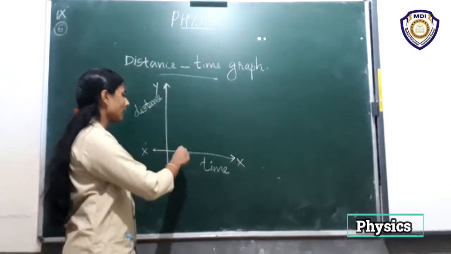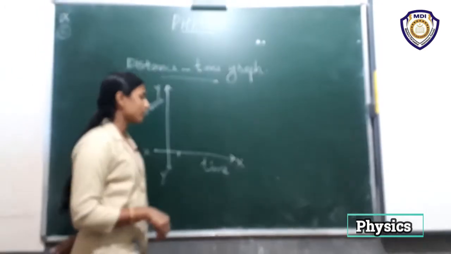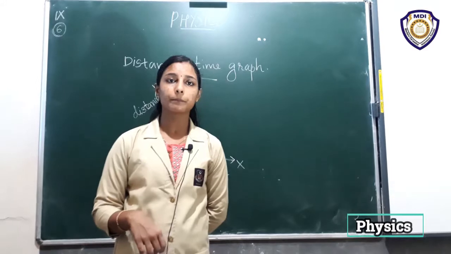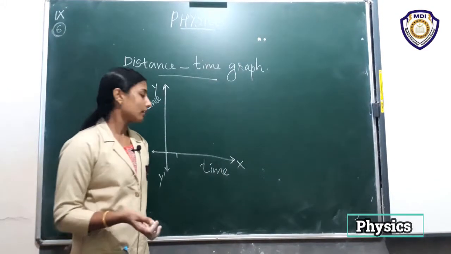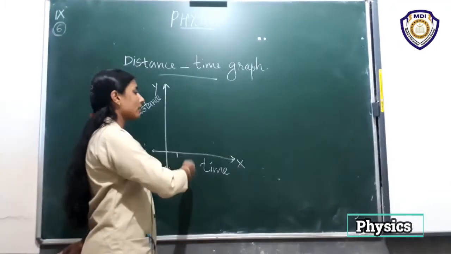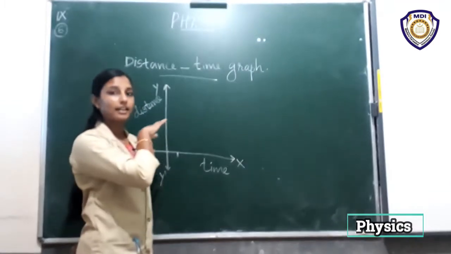So here, have you ever seen graph paper? Yeah, you might have seen that. There may be so many vertical lines and so many horizontal lines, right?